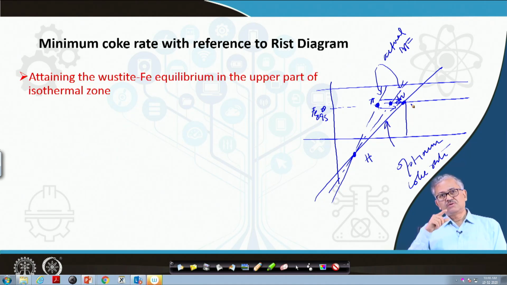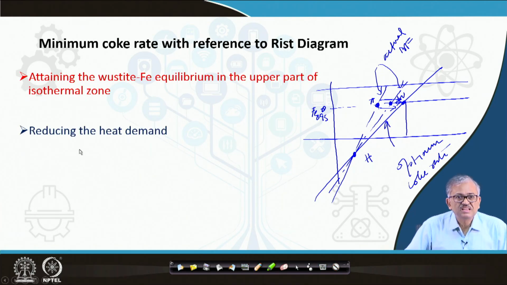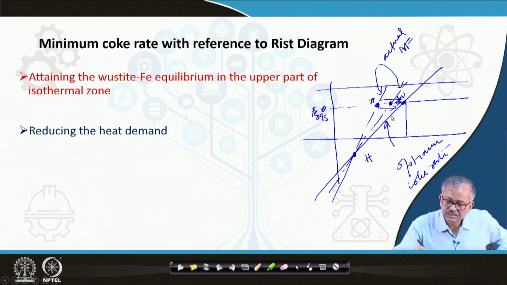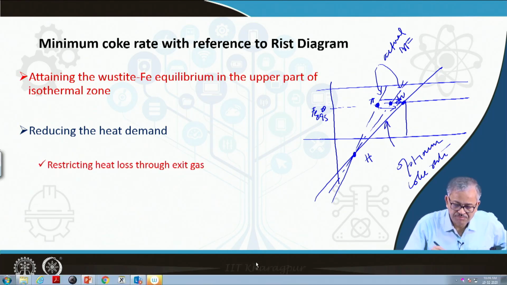To do that, you have to increase the reducibility of the iron ore burden, that is one thing. And then reducing the heat demand is another thing. You can see the slope can be decreased, this minimum slope, and you can decrease the slope further if this point is moving up.